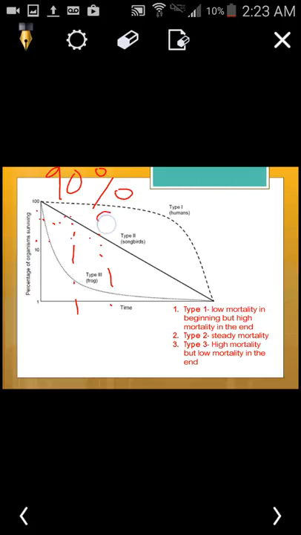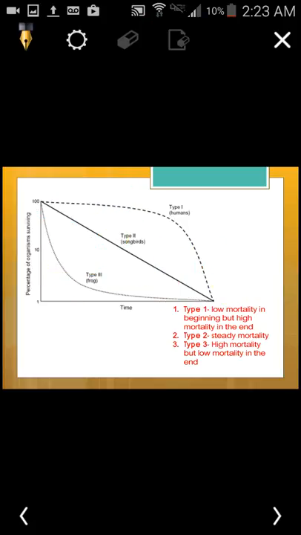So you could say 50%, 25%, and then 0%. So it decreases at a steady rate. Apparently songbirds do this. Throughout their life, they just steadily die.